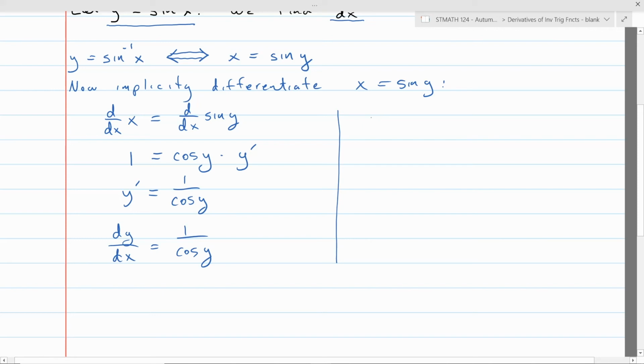But we know that sine squared of y plus cosine squared of y equals 1. And then we know from there, cosine squared of y is equal to 1 minus sine squared of y. And then we could take the square root of both sides to get cosine of y by itself. So cosine of y would be plus or minus the square root of 1 minus sine squared of y.